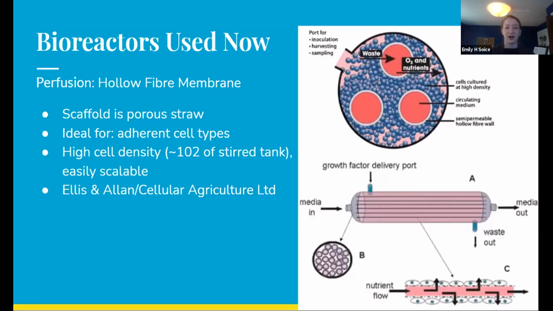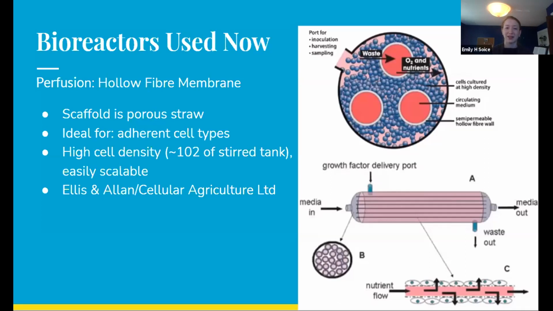So this bioreactor is quite intriguing to me because it has some of the highest possible cell density compared to different types of bioreactors, and also it's easily scalable in that these straws or the fibers make it easier for the cells to act like they are not at a huge scale.